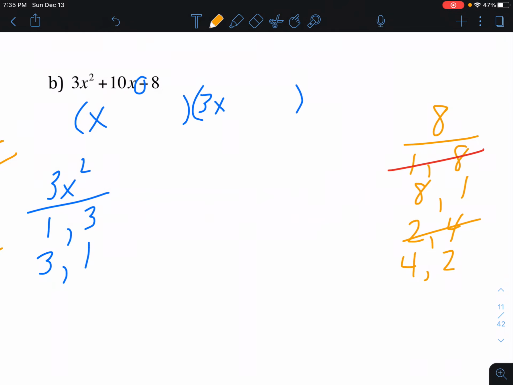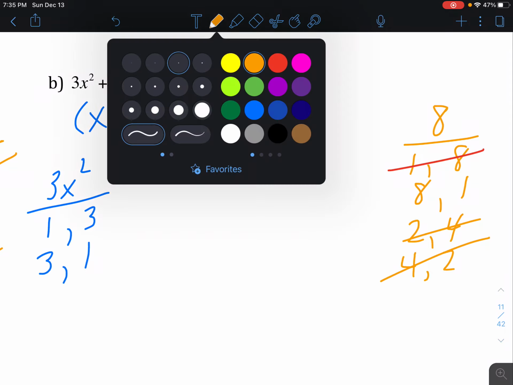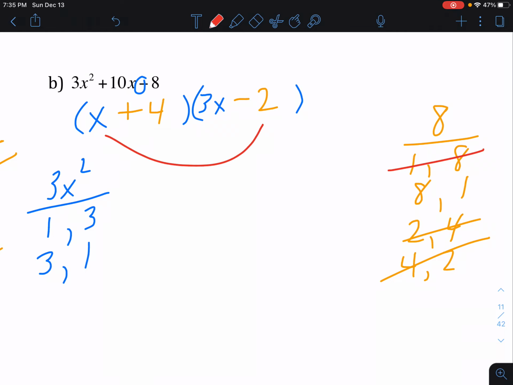So next I'll go, let's go 4, 2. And try plus minus. If that doesn't work, I'll try minus plus. So 4, 2. Let's FOIL O and I of FOIL. That'll be negative 2x.